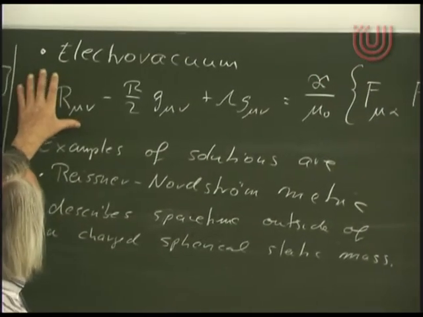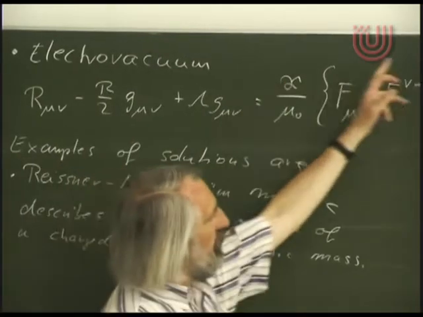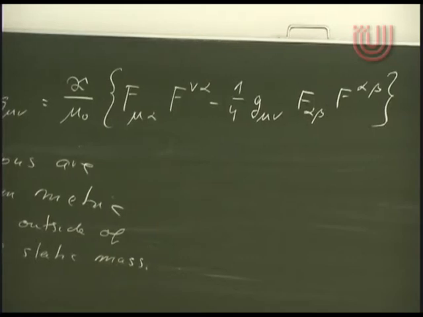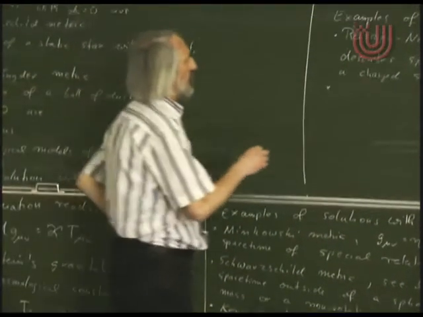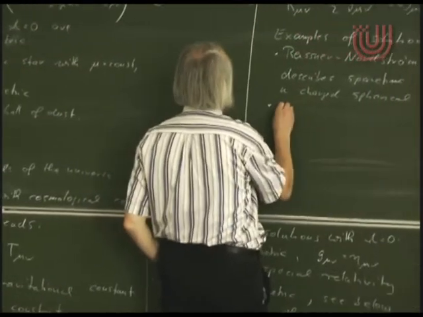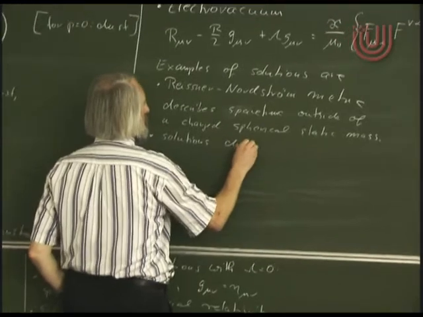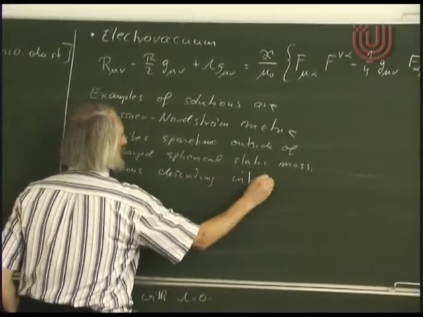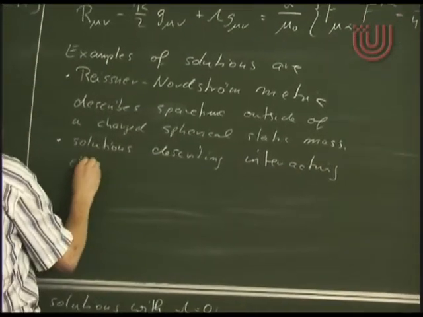And now because we have a gravitational field, which is coded into the geometry, and an electromagnetic field, we can have electromagnetic and gravitational waves interacting with each other. And there are solutions of this sort. So there are solutions describing interacting electromagnetic and gravitational waves.